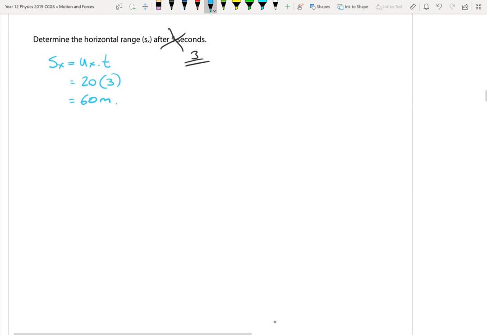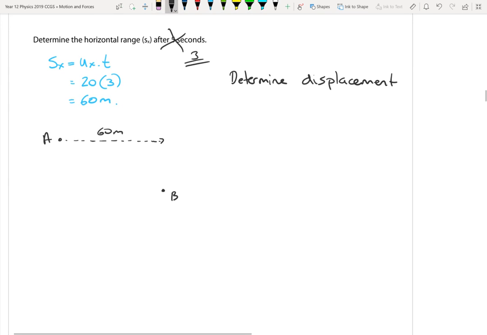But since we got the space, let's go one step further and determine displacement. So same deal, from point A to point B, we've just figured out the horizontal displacement is 60 meters. The question is, how far vertically has it fallen? Well, that's just going to be S equals ut plus a half at squared.